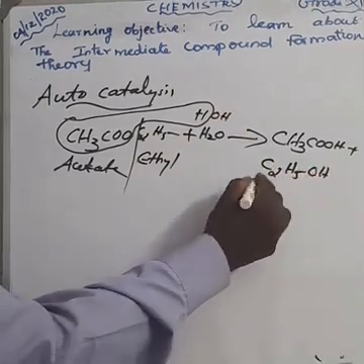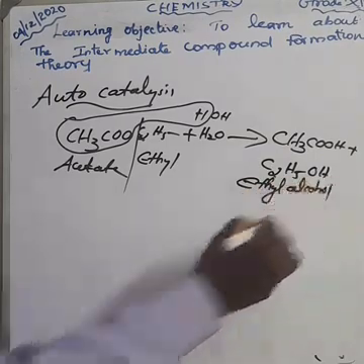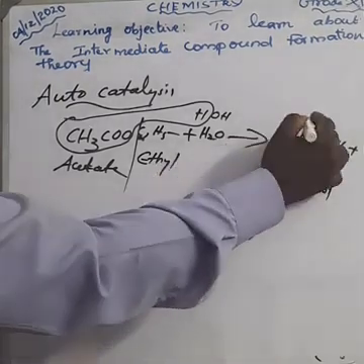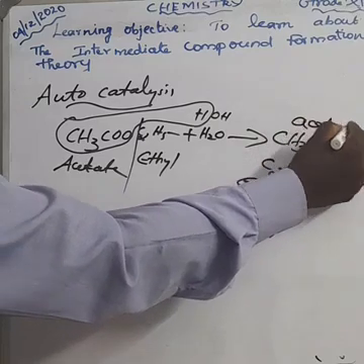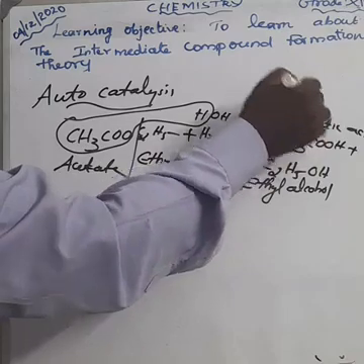The name of the compound C2H5OH is ethyl alcohol. Here acetic acid is the autocatalyst. Which one is the catalyst? Acetic acid acts as a catalyst.